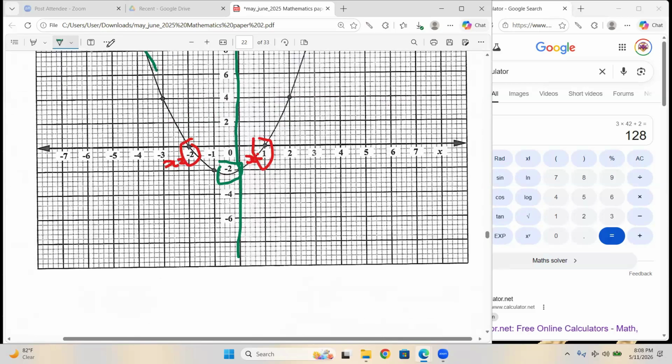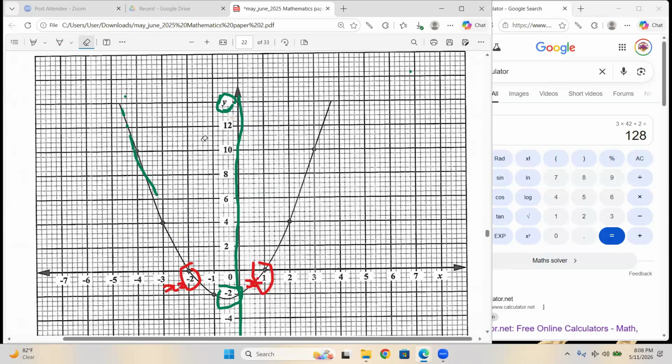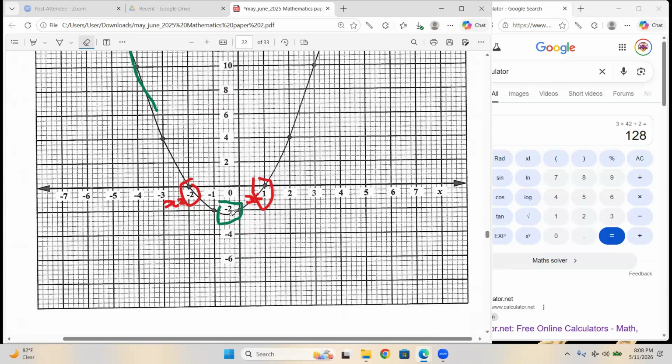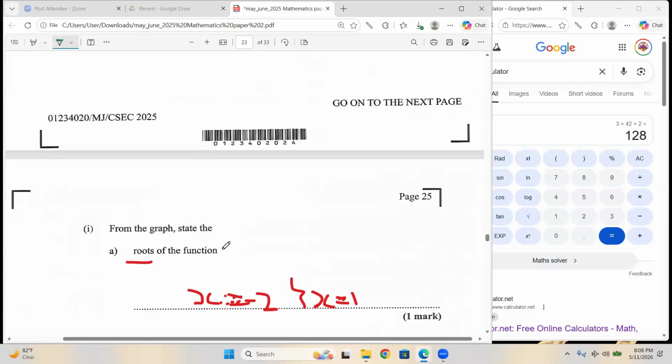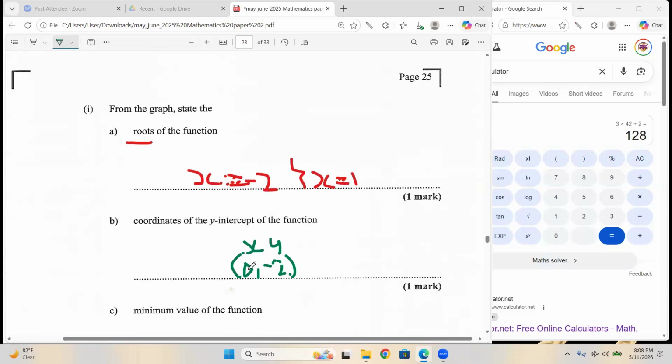Because this point is on the y-axis, we know it's -2 for y, but how do we know x? If we go to the x-axis, that's where x is 0. So the coordinates are 0 for x, -2.